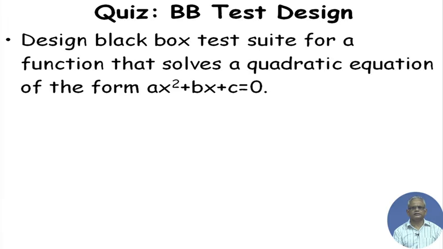So, that is an invalid equivalence class, or maybe a, b, c are given as character strings. So, we have to try out representatives of those invalid equivalence classes as well, and from the valid equivalence classes, we have coincident roots, we have distinct and real roots, and also imaginary roots.